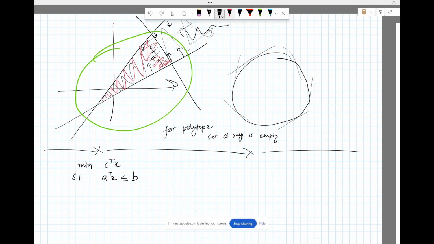Okay, a is a vector, c, a, b all are in R^n. x is also in R^n. Then what is the solution to this?